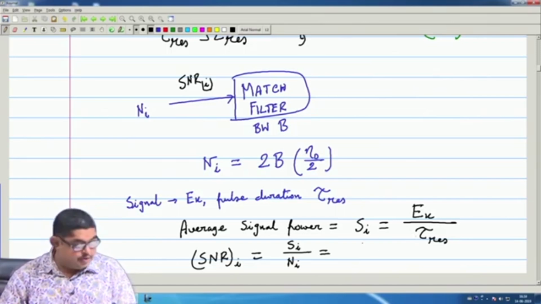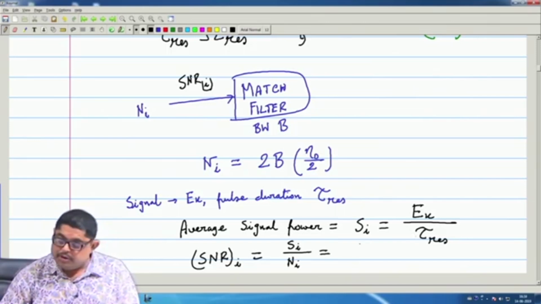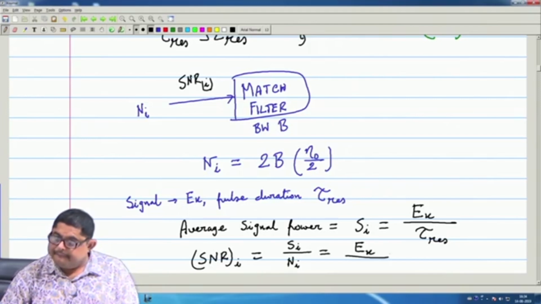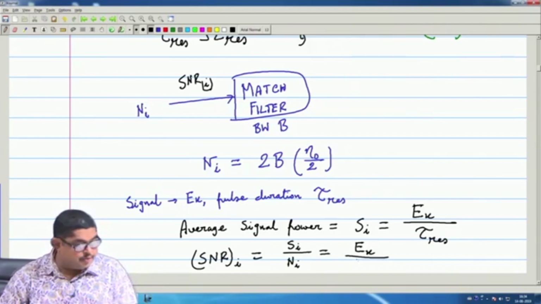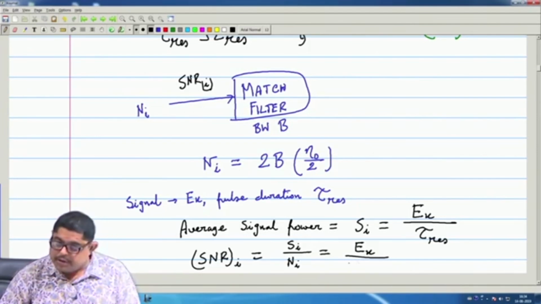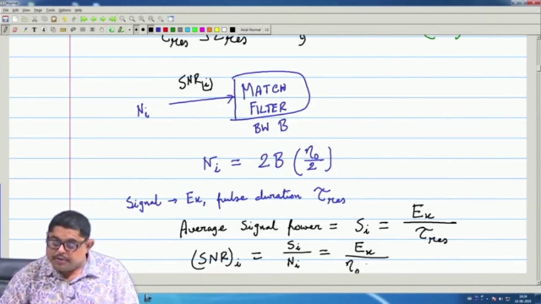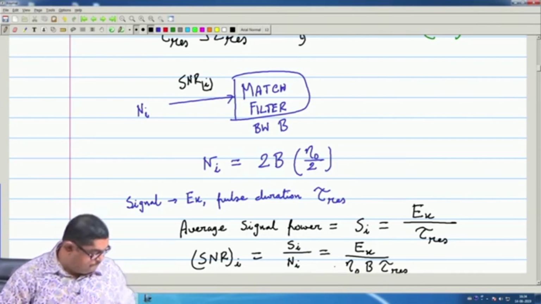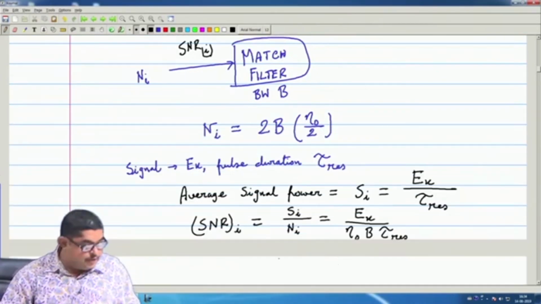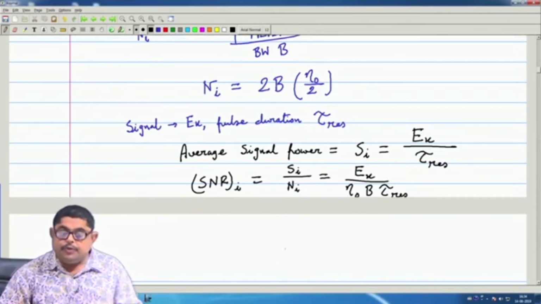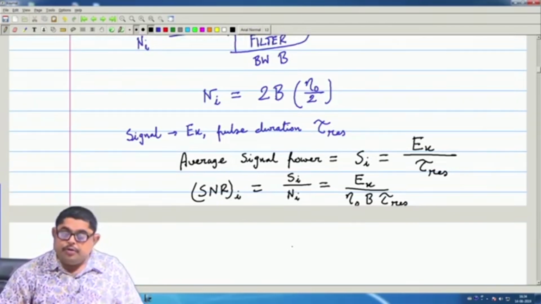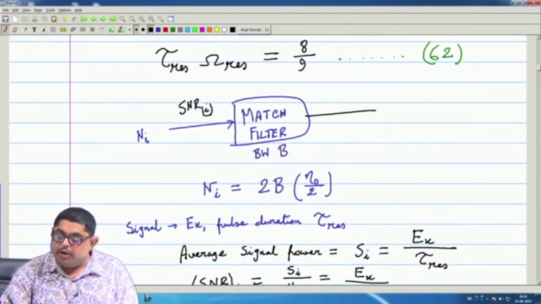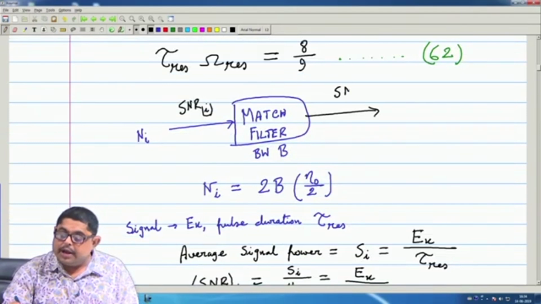So, that will be Ex by eta naught B, okay. Or also let me call that what is coming out, the SNR output.